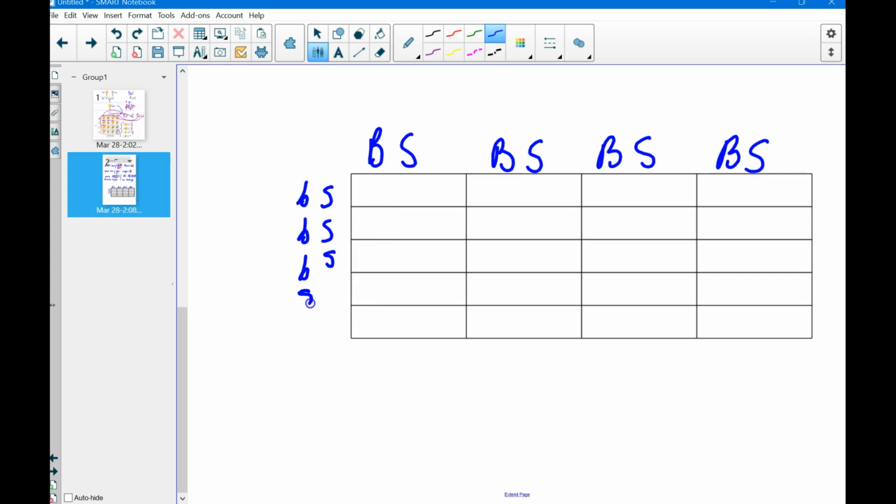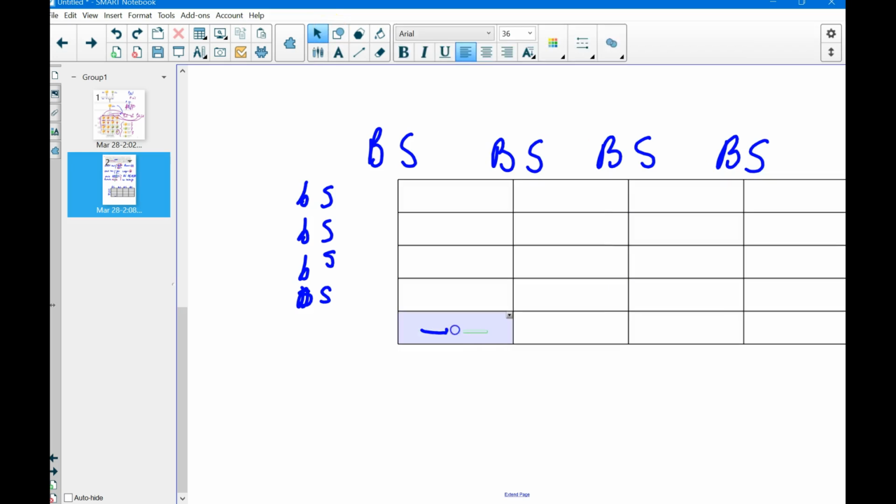Of course, I have an extra one. I think I'm going to get rid of that pretty easy. Hopefully. Now I can move it. Who knew? Hard way of doing it.